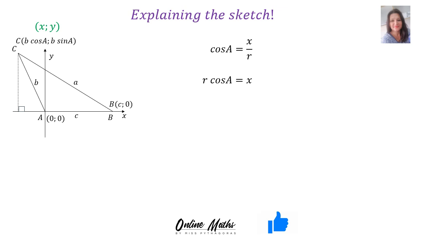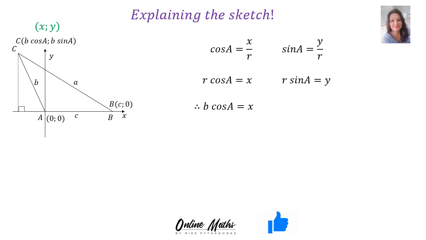But in that right angle triangle, can you see that the hypotenuse is little b? So in r's place, you can substitute little b, and then there's your x coordinate. That is why the x coordinate can be written as b cos A. Then, for the y coordinate, sin A is y over r.